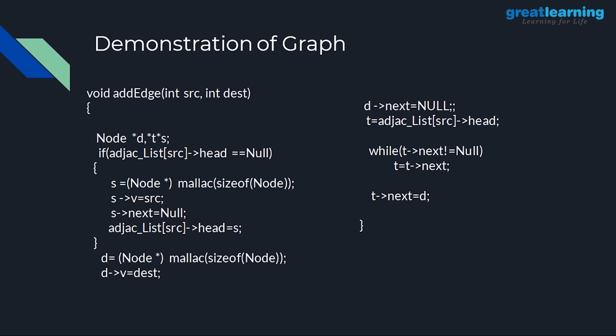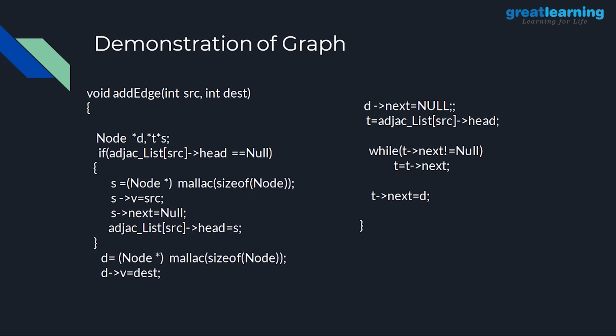Similarly we will do it for all the nodes, and when the next time 0 and 3 comes, at that time we will allocate memory to the next portion. What do I mean by that? By destination: now 0 is present and it is connected to 1. Next time 0 comes and it is connected to 3.